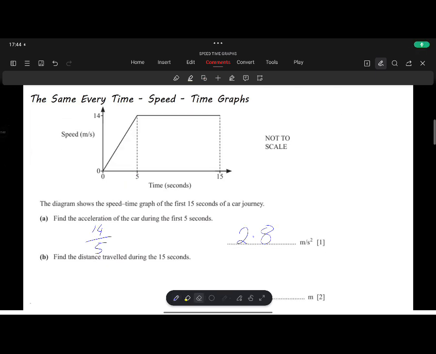And part B, the distance traveled during the 15 seconds. So that's the whole of the journey. The other fact that we need to know about speed time graphs is that the area under the graph is equal to the distance traveled. So the area under the graph equals the distance traveled.